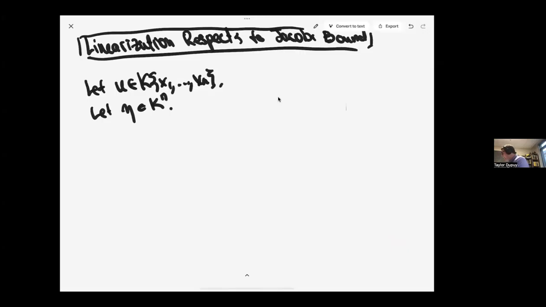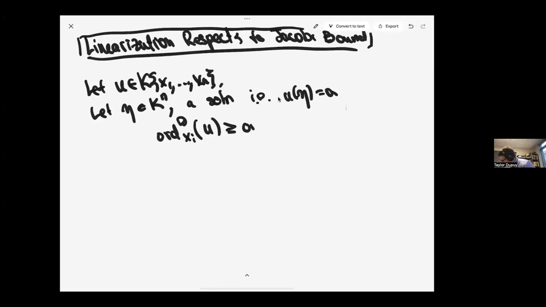Then actually we do need to be a solution. Right. So what I want to say is that the order of xi of U is greater than or equal to the order of xi of L U eta. Okay. So this is the first thing.